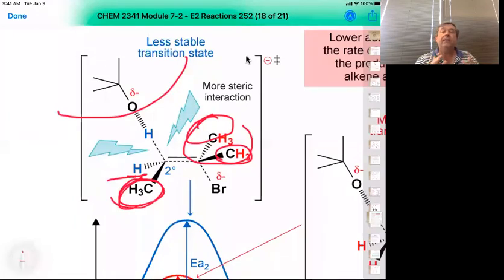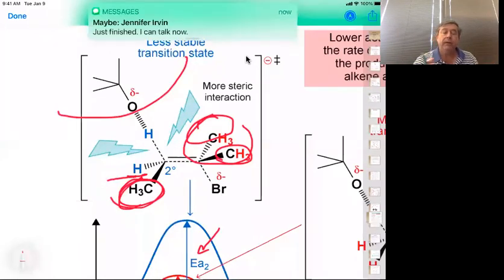If it's being pushed away, it has to have more energy to get into that position, and therefore it has a higher activation energy. It tried, it didn't have enough energy, and it wouldn't remove it from there.